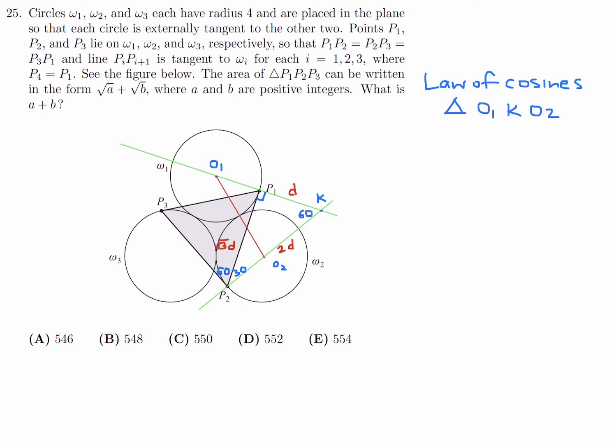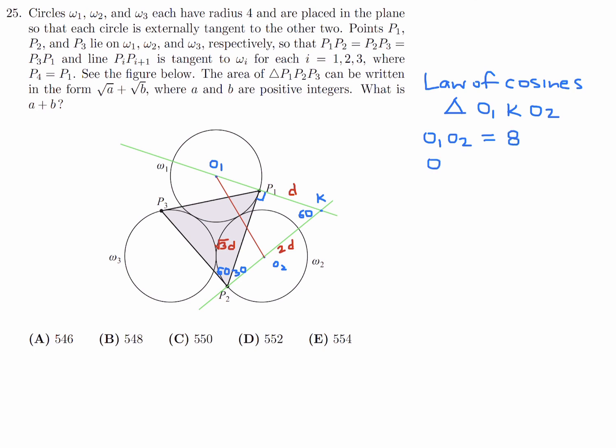So O1 to O2, I'll just write out the lengths instead of making the diagram messy. That is the distance from the center of one circle to another. So the distance is basically 2 radii. And since the radius is 4, that distance is 8.